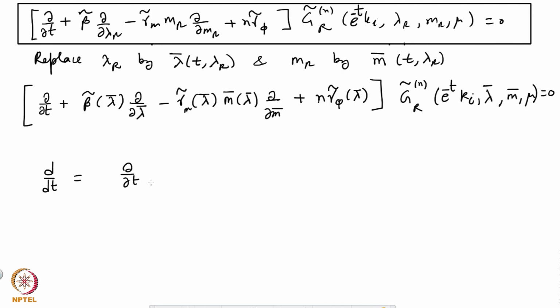Del over del t, that's the partial derivative, plus del over del lambda bar times del lambda bar over del t, plus del over del m bar times del m bar over del t.